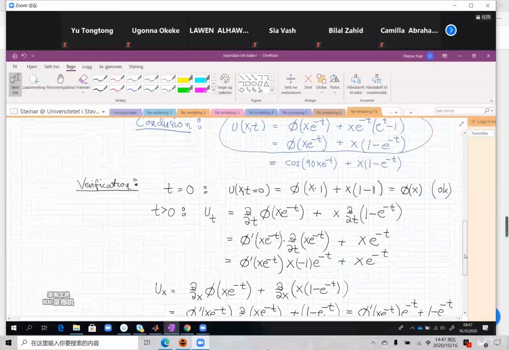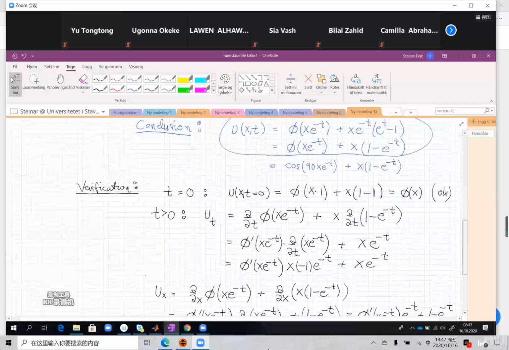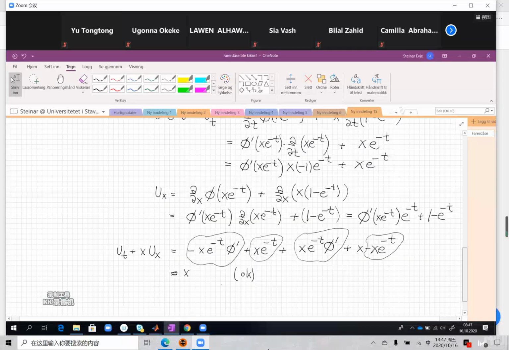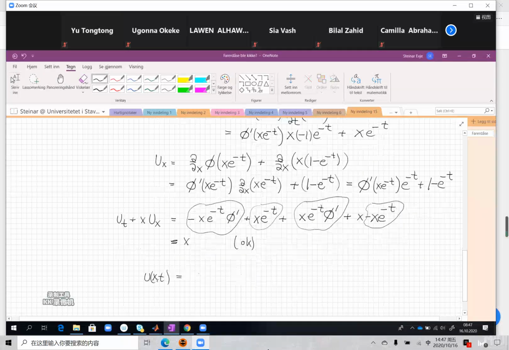Let's try to state it here. u(x,t) equal to, let me write it with this general initial data, phi of x e to the minus t plus x times 1 minus e to the minus t.